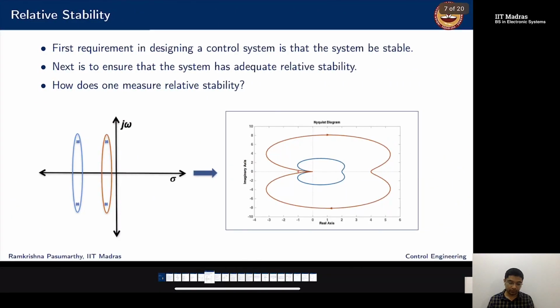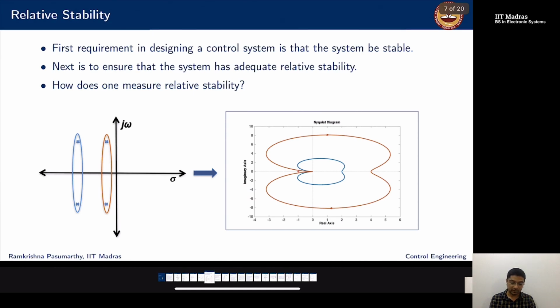So the first requirement is that the system be stable, and next it must have adequate relative stability. How does one measure relative stability? We look at how close we are to the imaginary axis.